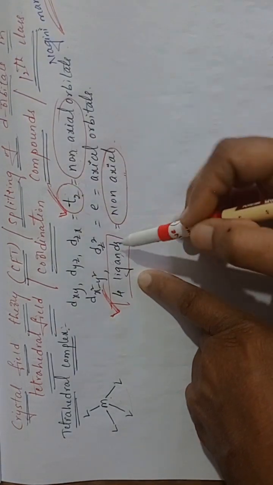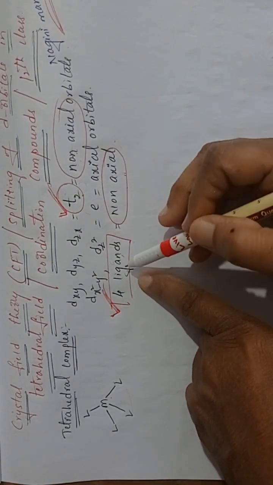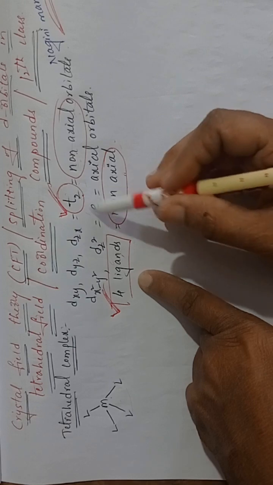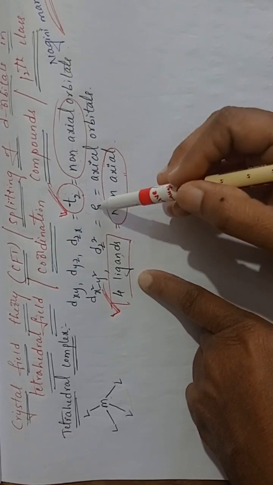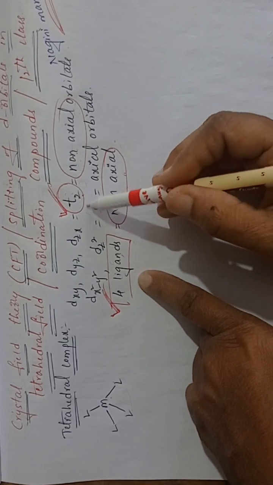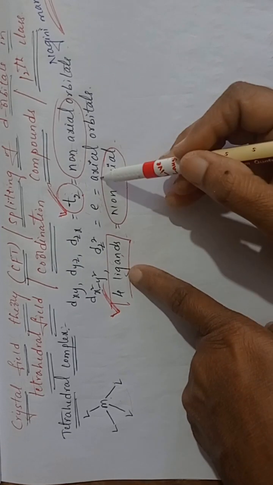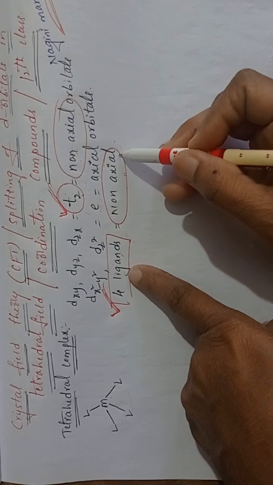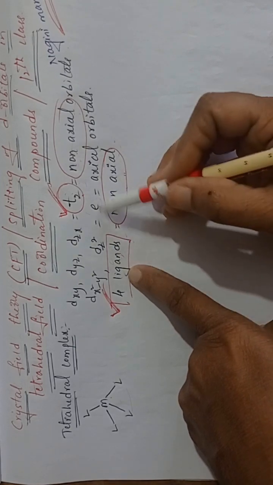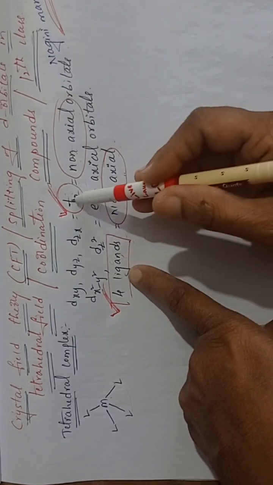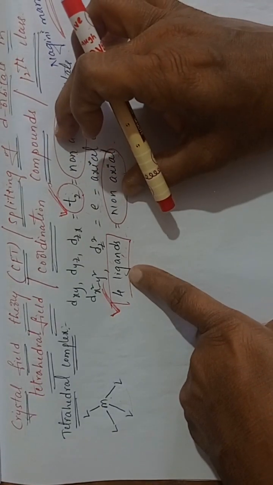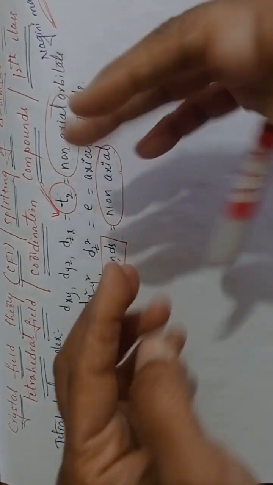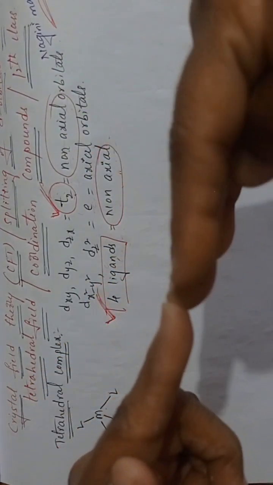Their energy is raised. And coming to the e orbitals, here also repulsions will be there, but when compared to t2, the repulsions on the e orbitals are less, because they are not in the same path as the ligands. These are axial, the ligands are non-axial, so the repulsions between them are less compared to t2. Same plane means repulsions are more.